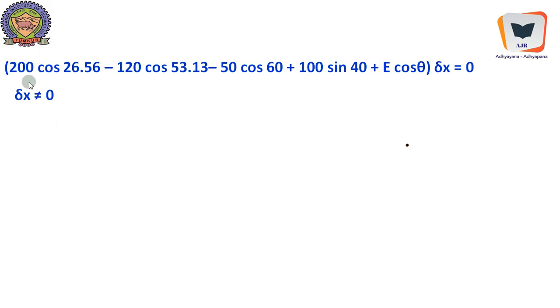Therefore the terms within the bracket must be equal to 0. Upon simplification of all the numerical terms, we send E cos theta to that side, it becomes minus E cos theta, and evaluating numerically, minus E cos theta equals 146.2 N.